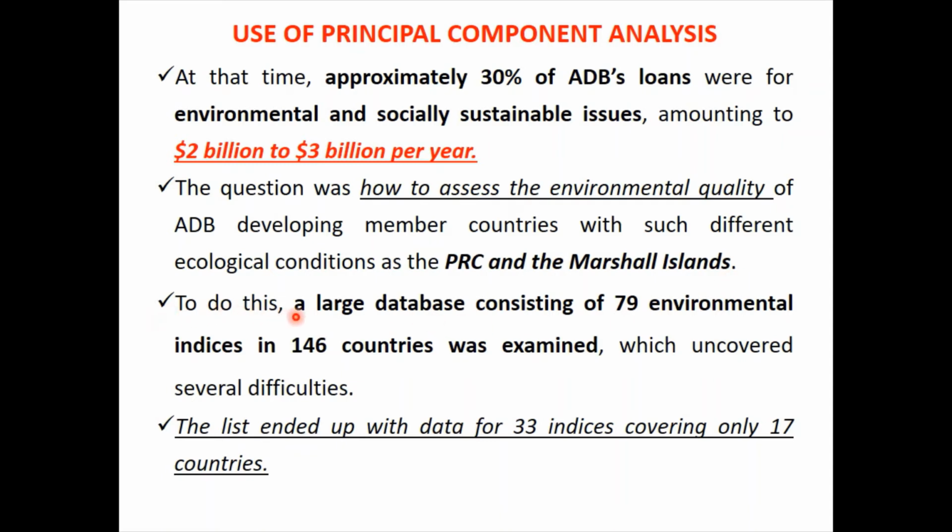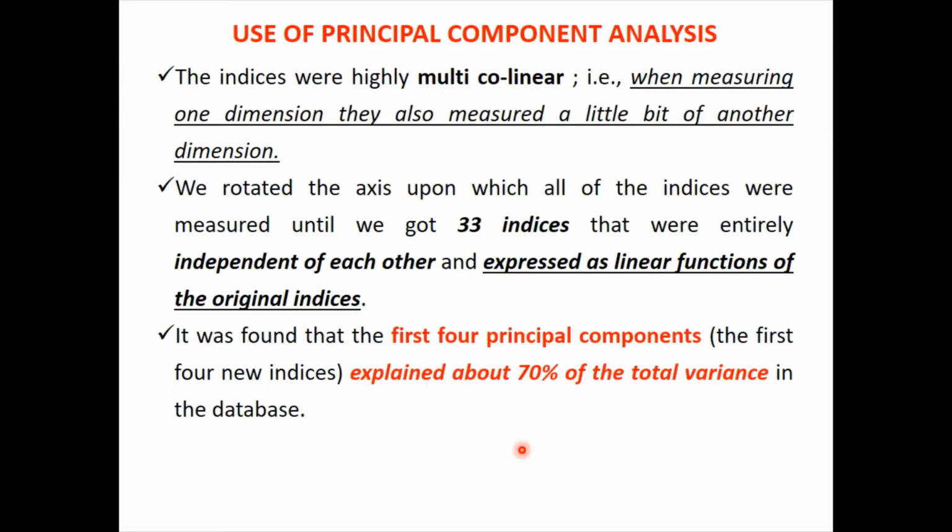In order to accomplish this task, the study created a large database which consists of 79 environmental indices in 146 countries, and this study uncovered several difficulties. The list which was prepared in that database ends up with 33 indices covering only 17 countries.